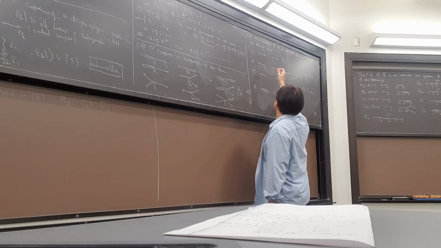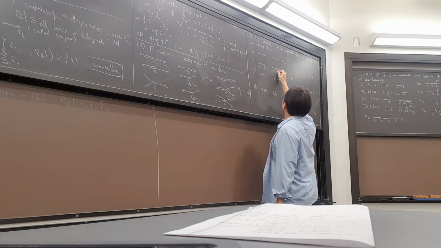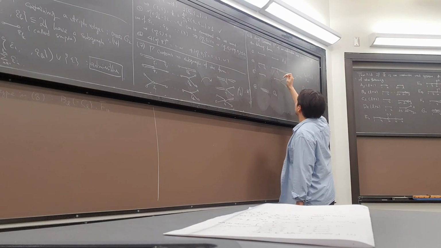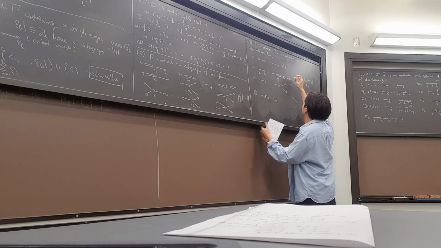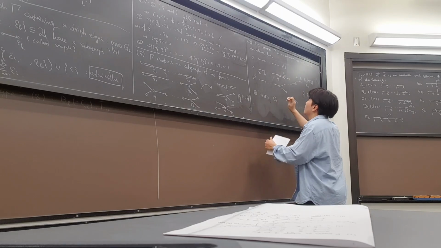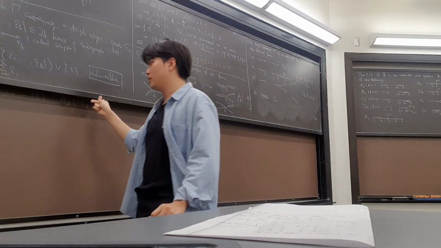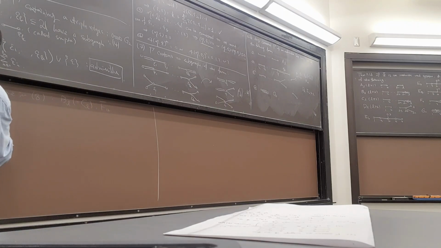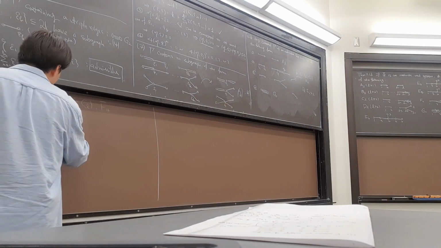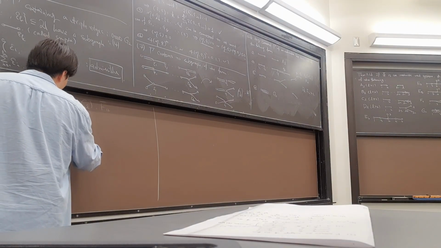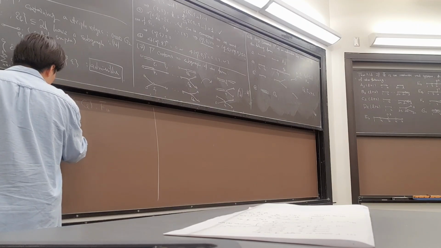So epsilon 1, epsilon 2, and epsilon p. This is nu 1, nu 2, and nu q. I'll give that up later. So epsilon is the summation of I epsilon I for I up to p, and then nu is the summation of I nu I from 1 to q.